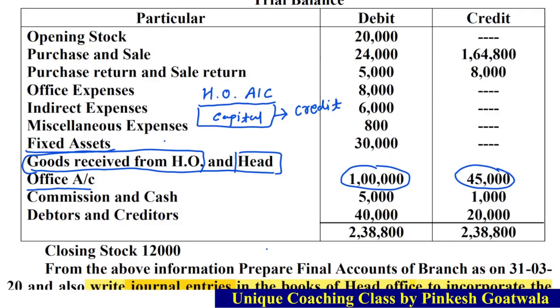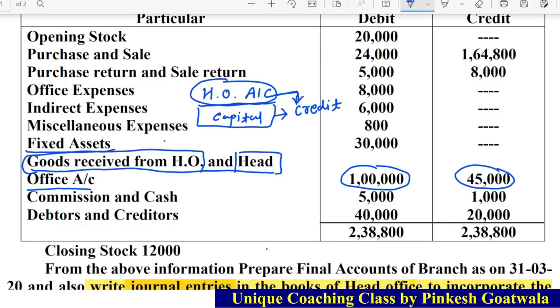Remember this, capital always has a credit balance, so indirectly head office also has a credit balance. So here 1 lakh and 45 are credit balances. So here 45 is the head office balance, the balance of the head office account.